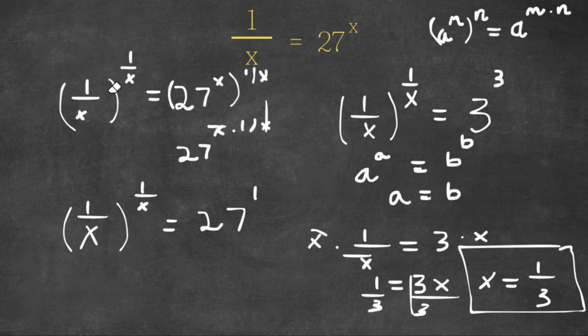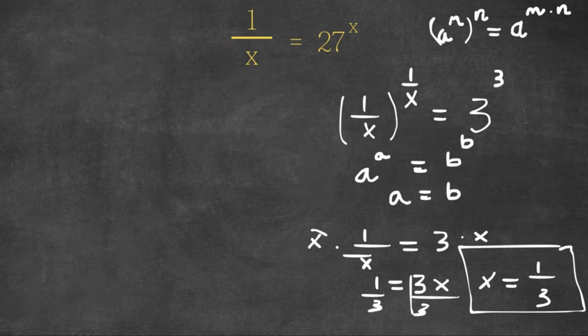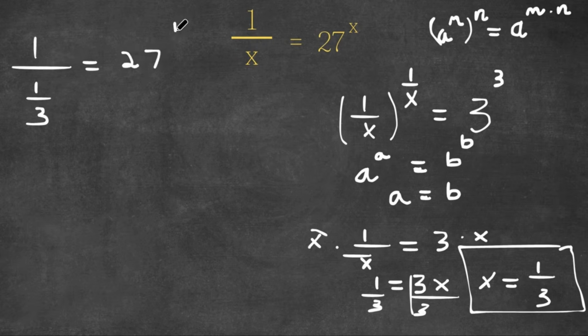Now, to check, let's plug in x in this equation. So now we have 1 over 3 is equal to 27 to the power of 1 over 3.